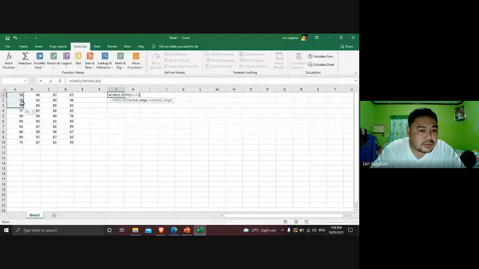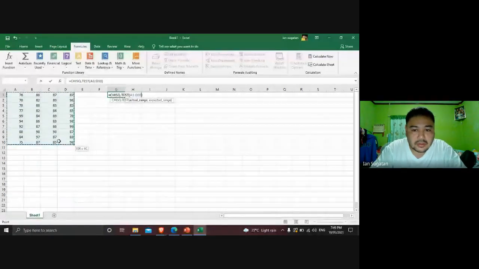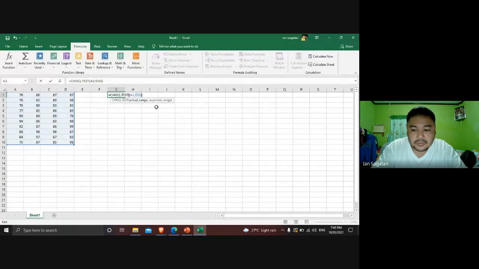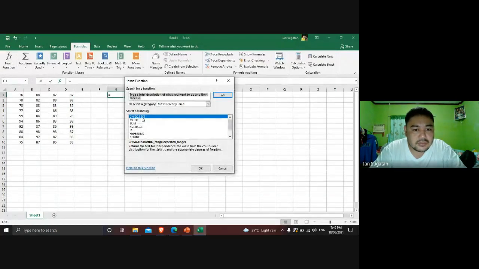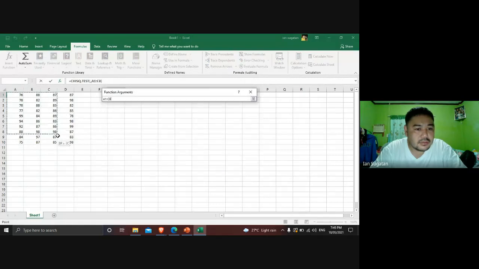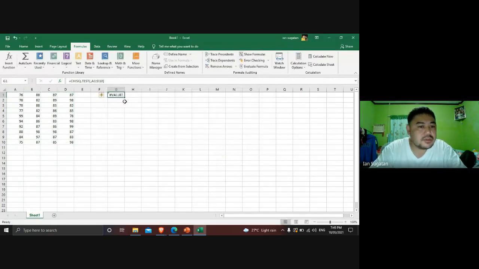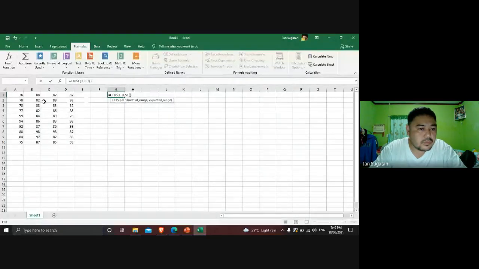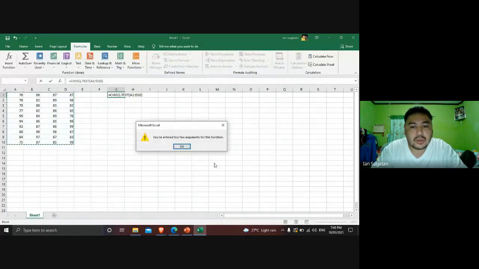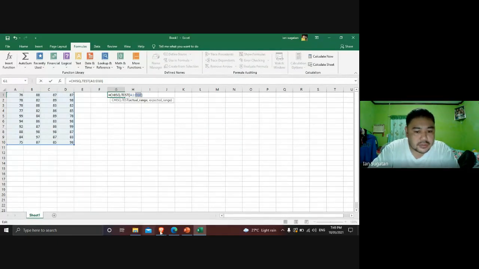Actual range, expected range. There's a value here, but it's wrong. I think there's something wrong. Something is wrong. Okay, wait a moment.